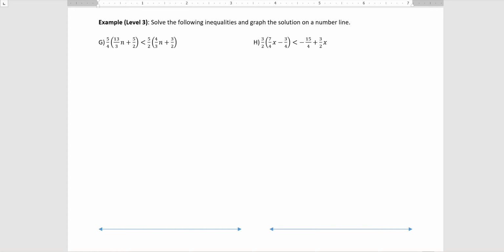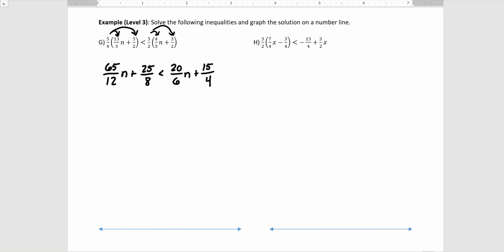All right, multiplying fractions. 5 times 13 is 65. 65 over 12 n plus, obviously I'm distributing this here, 5 times 5 is 25 over 4 times 2 is 8. And that is less than, gotta distribute this 5/2 here, 5 times 4 is 20 over 6n plus 5 times 3 is 15 over 4.